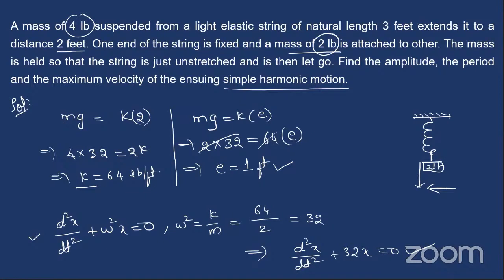So when you attach a mass, as we have just calculated, a mass of 2 lb elongates the spring by exactly 1 foot. That's how the initial displacement in the spring is exactly 1 foot here. I'm taking this as my first condition.